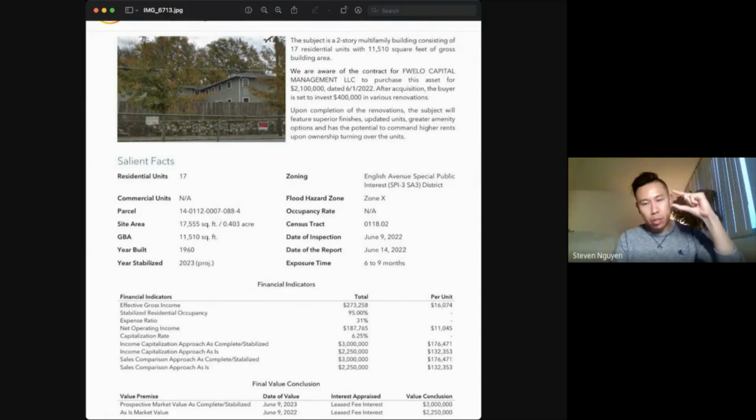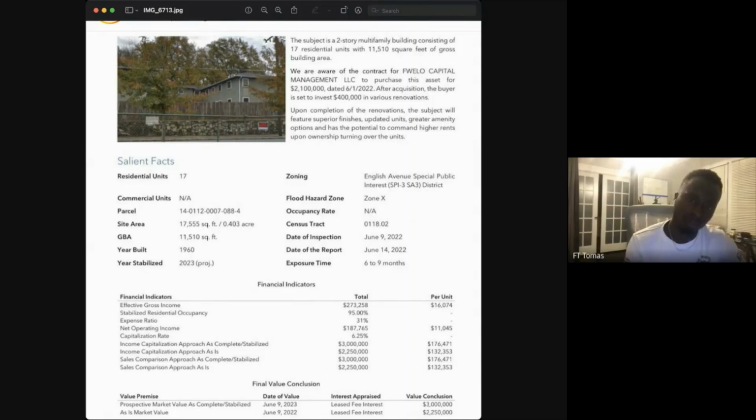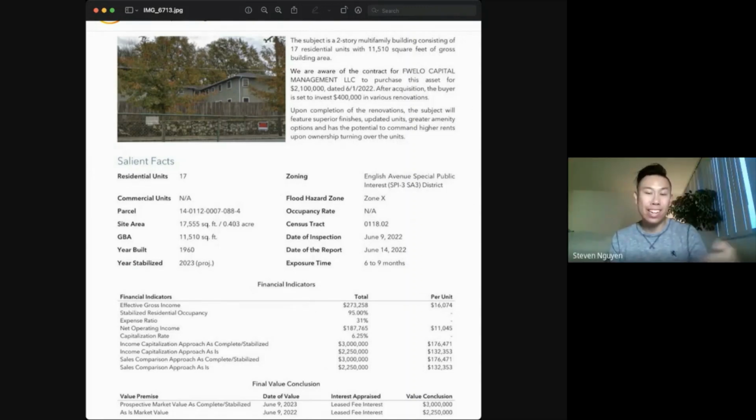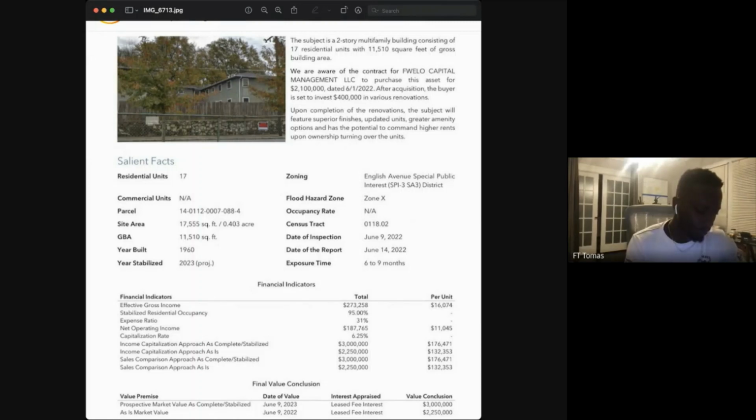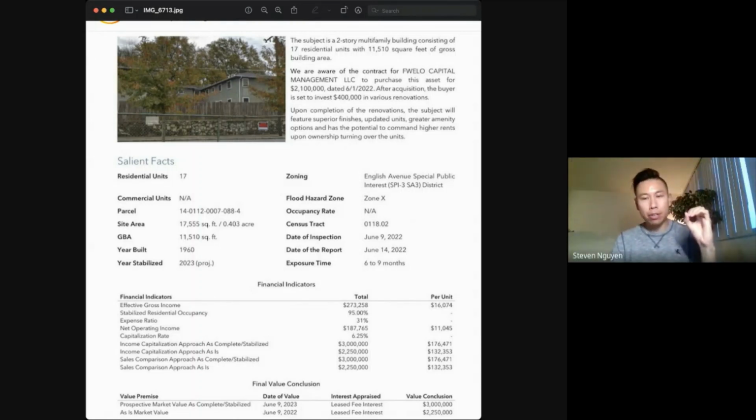And then the difference between that loan and how much I'm paying, I could also pay you some interest on that money as well, right? So let's say he's selling for 2.1. Let's say he has a $1.5 million loan on it. That 600K margin, you can pay him the interest rate on that money as well, whatever that is.